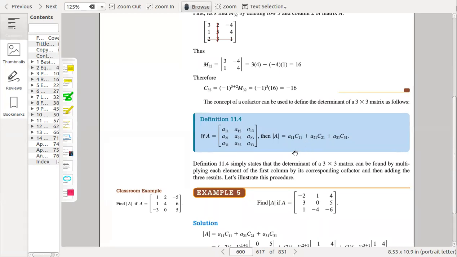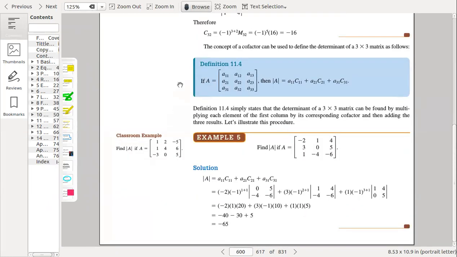Just remember, A11 is the entry at the first row and first column. A21 is the entry in the first column and second row. A31 is the entry in the first column and third row. So we can make the expansion by the first column or by the first row. It depends on the student or the user and their preferences.